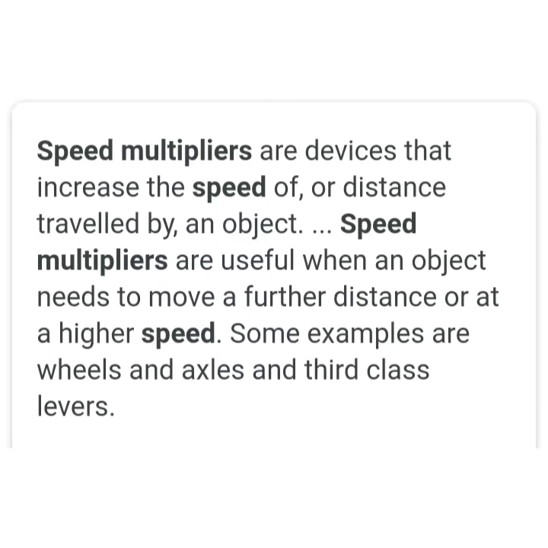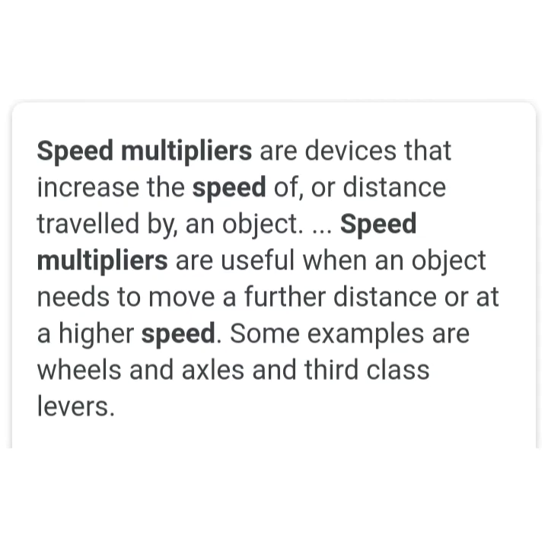So I want to now jump to speed multipliers, at least the definition, and then I'm going to give examples just from my own thinking of various forms of force multipliers and speed multipliers.